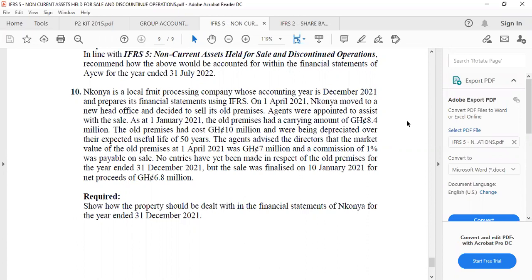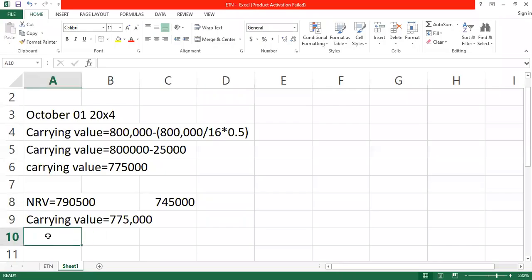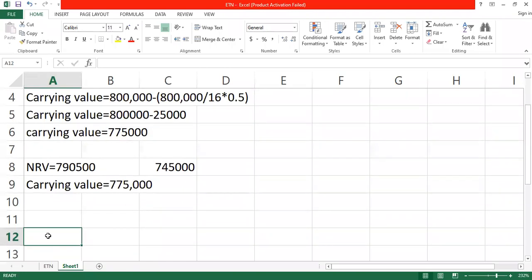So first thing is, let's find the carrying value of the assets as at the date of the classification, which is April 1, 2021. So question 10.